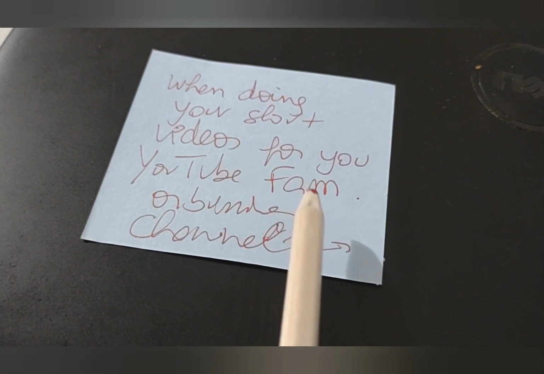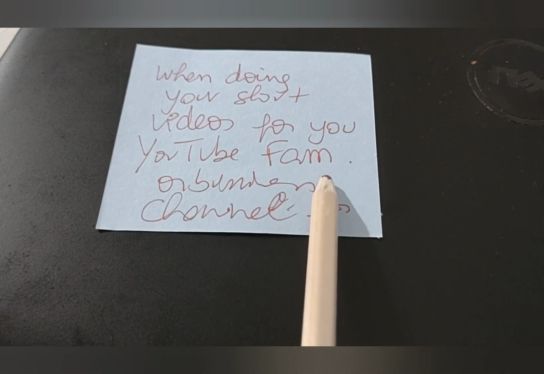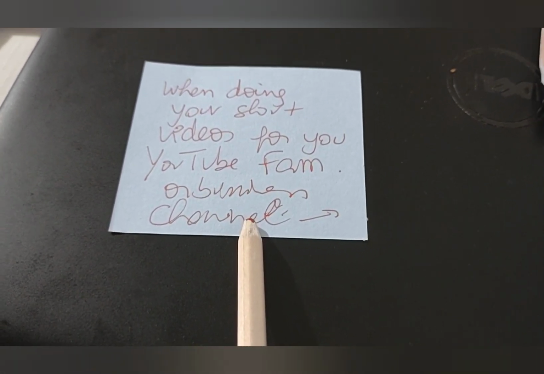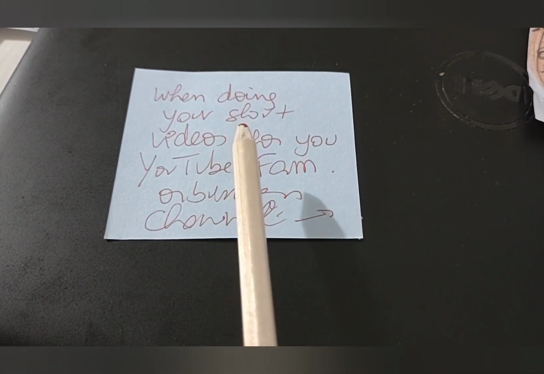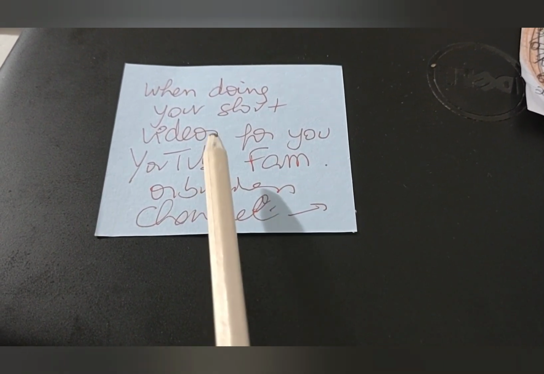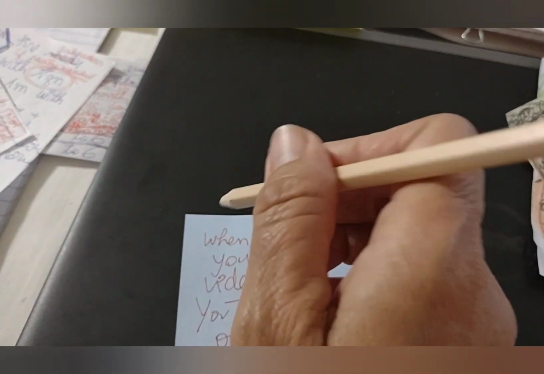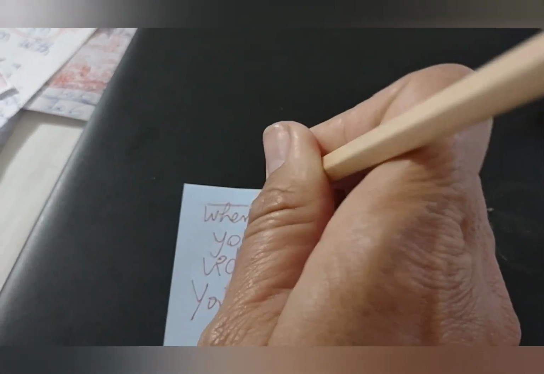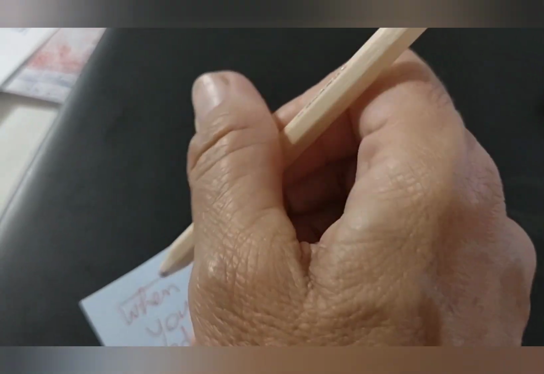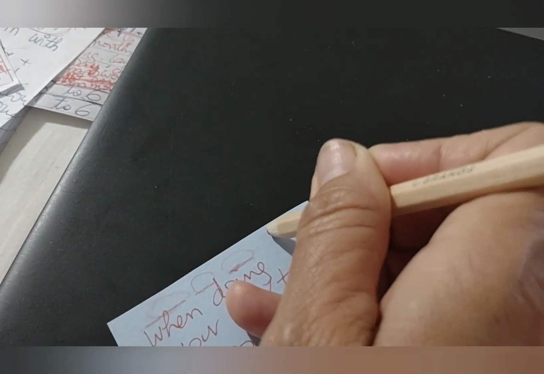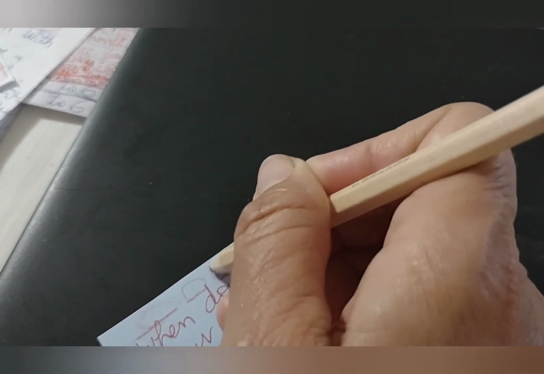When doing your short videos for your YouTube family and business account, the channels that you're making, you're going to put first your family last name, and then Peace and Love Organization, okay? So, last name, city, state, because there are going to be too many families. So, last name, city, county, or state.